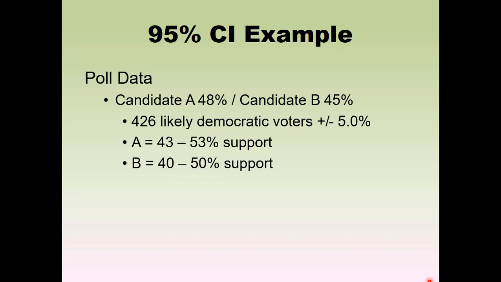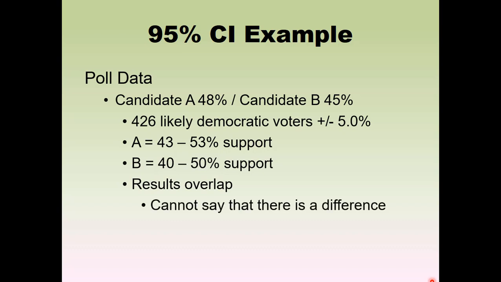Now, as we interpret this data, what we see is that these data ranges overlap. There's a lot of overlap between these, and since the data sets overlap, we could not say that there is a difference. On the news, they should present this as a statistical dead heat, is the term that they would use from this poll data.